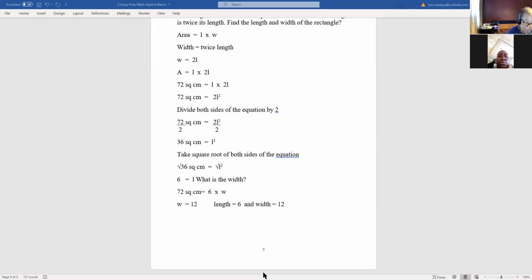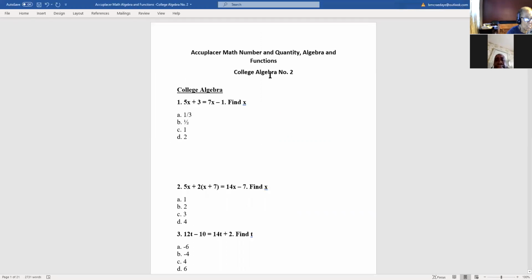I don't see it. It's on the same problem we just did. New share. You don't see College Algebra number 2? It just showed now. You see it now? Okay, I clicked it again.